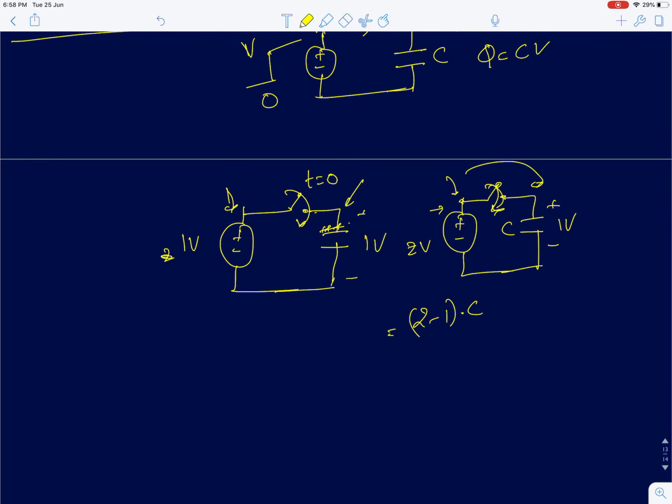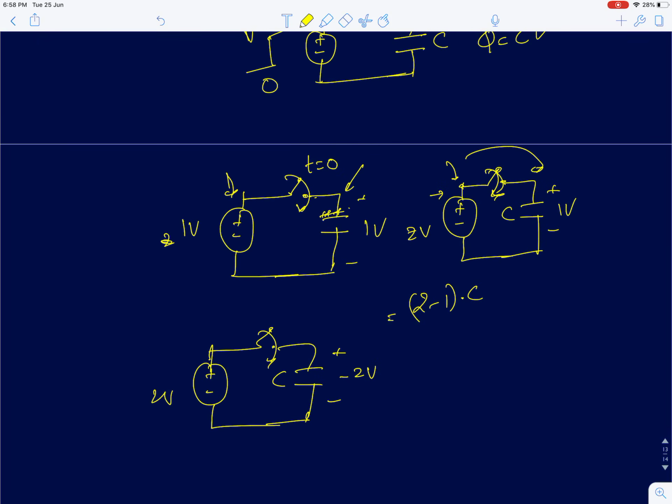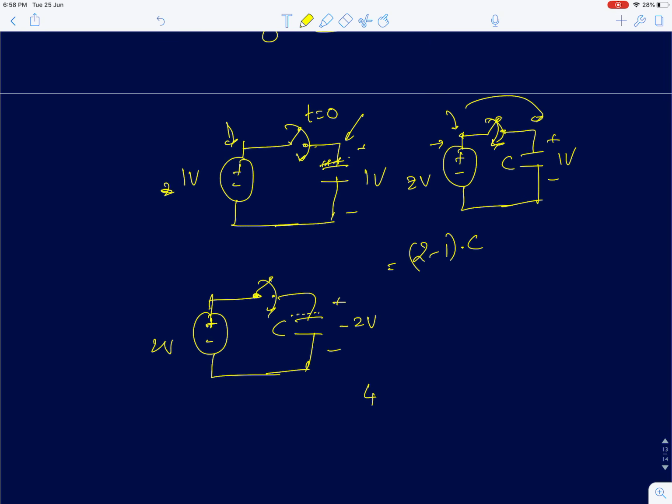Similarly, if the source is 2 volts and your initial capacitor was charged to minus 2 volts, you are actually having negative charges on this plate, and you have to completely invert it and make it positive. So the potential difference needed is 4 volts, 2 minus (minus 2) is 4, into C. That is the total charge transferred from the source.